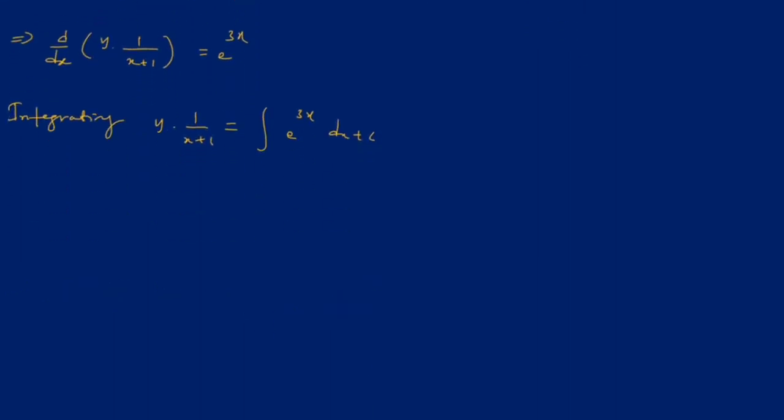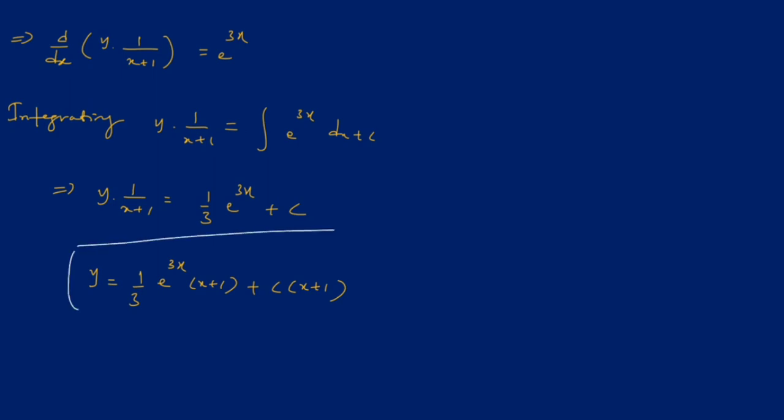Which implies y into 1 upon x + 1 equals 1 upon 3 e to the power of 3x plus c, right, which is our required equation. Or you can take x + 1 to the RHS, and it becomes y equals 1/3 e^(3x)(x + 1) plus c(x + 1), which is our required equation, right?